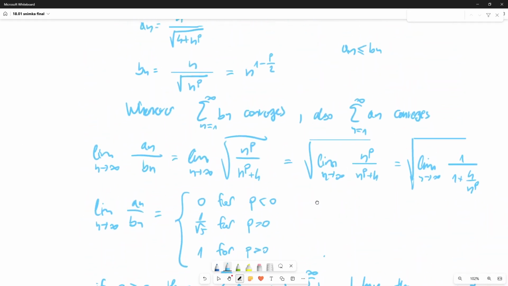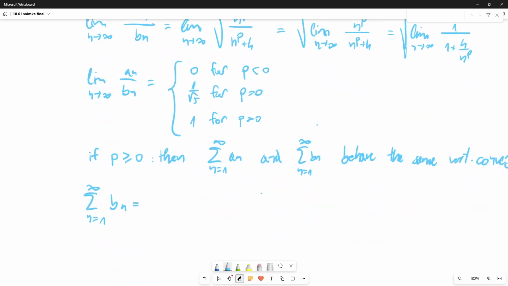Let's write down the general term as we've calculated it over here: n to the power of (1 minus p) over 2.